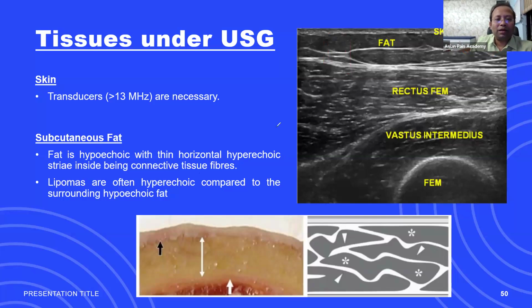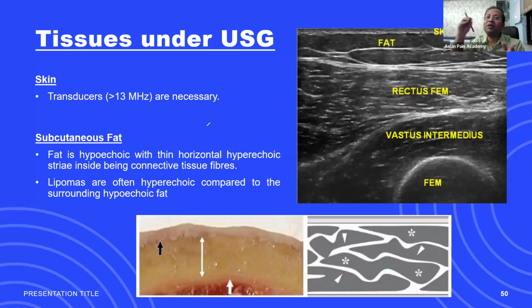Remember, lipomas are hyperechoic compared to the surrounding hypoechoic fat. Both are fat, but when it becomes a lipoma, it becomes a bit hyperechoic. Here, one more important thing: there is nothing called absolute hyperechoic or hypoechoic. It is related to the surrounding. That's why, as I'm telling, a lipoma is also fat but is called hyperechoic, because the surrounding fat is even darker.